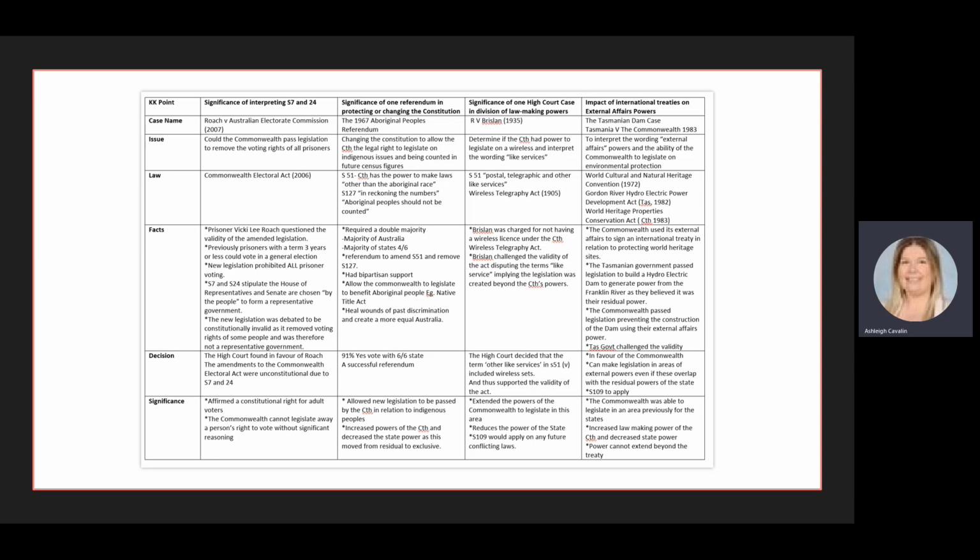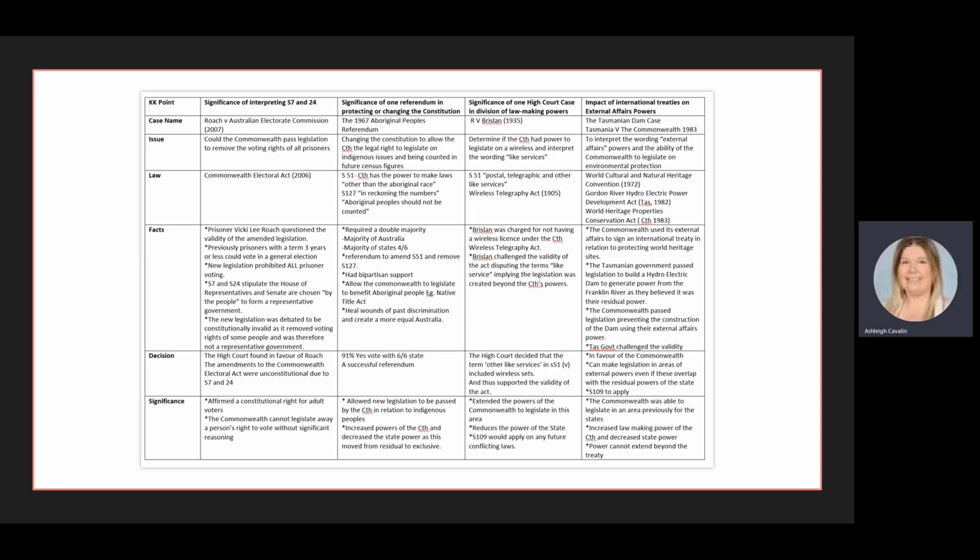Section 51 said the Commonwealth has the power to make laws other than for the Aboriginal race. And section 127 said that in the reckoning of the numbers of Australian people, Aboriginal peoples should not be counted. Wow. We wanted to change this.